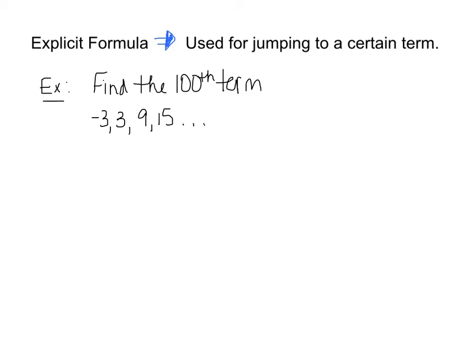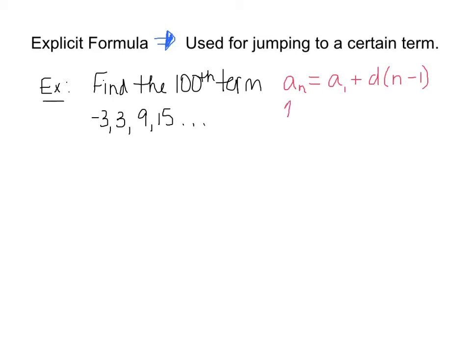Well, from your formula card, the explicit formula looks like this. A sub n equals a sub 1 plus d times n minus 1.